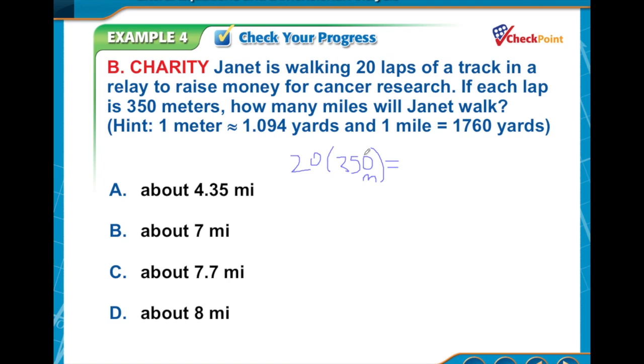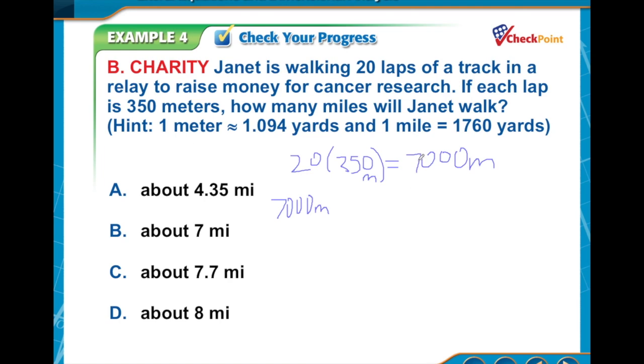It's going to give us more meters. So that should be 7,000, and we can check that. So 7,000 meters. That's going to be our starting point for this problem. 20 laps on the track is 7,000 meters if each lap is 350.